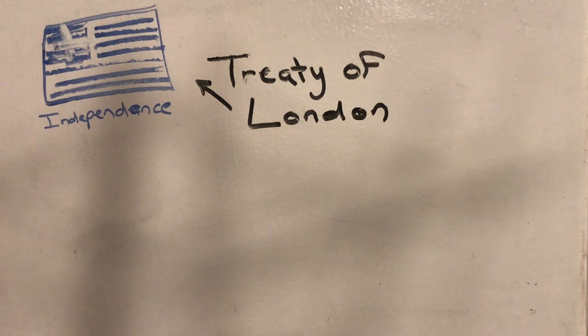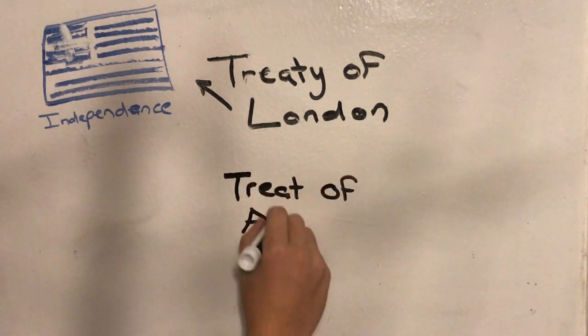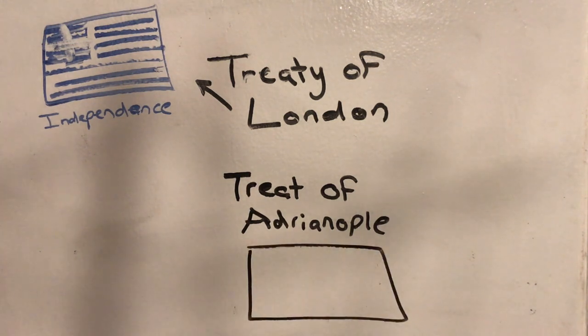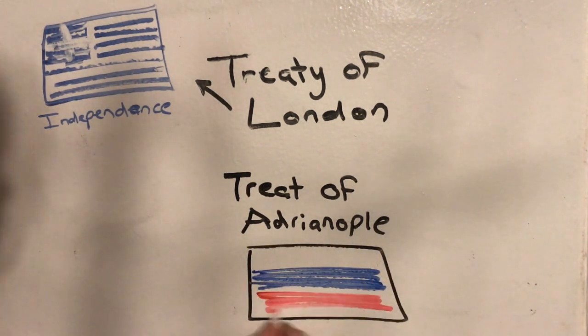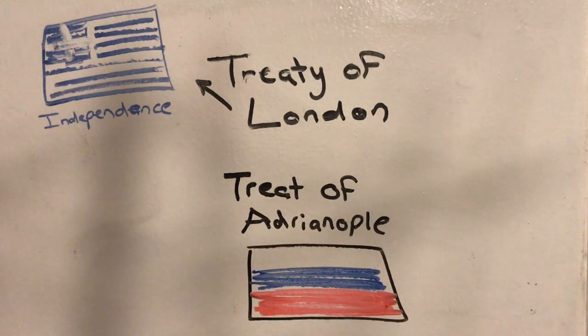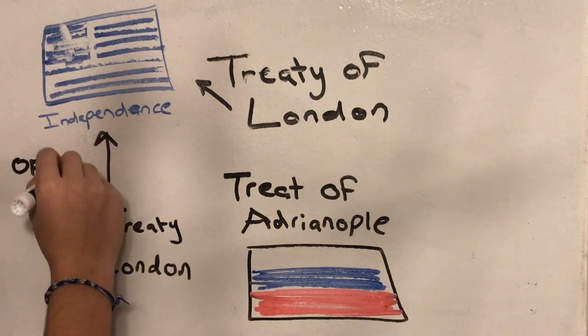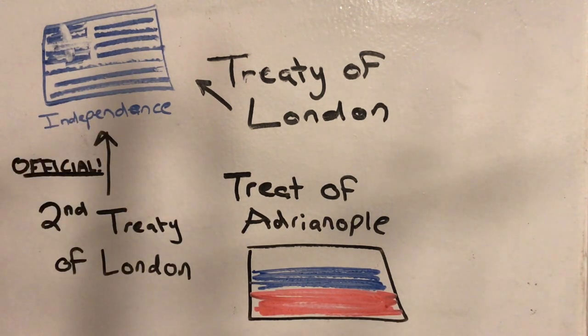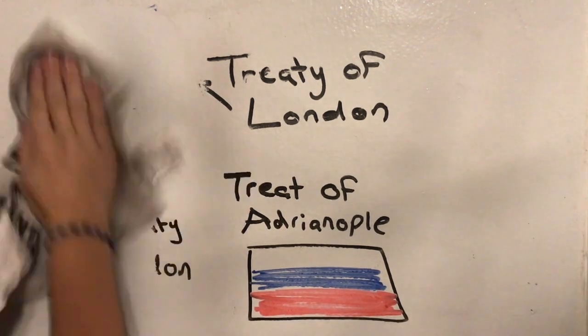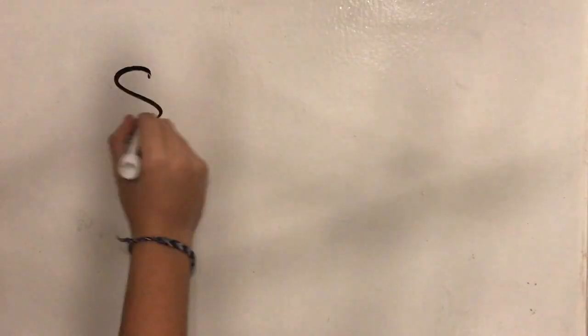Then we have the Treaty of Adrianople, which allows for Russian control in Romania and for Great Britain, France, and Russia to interfere in Greece. Finally, there's the Second Treaty of London, which officially declares Greece an independent state ruled by King Otto I.